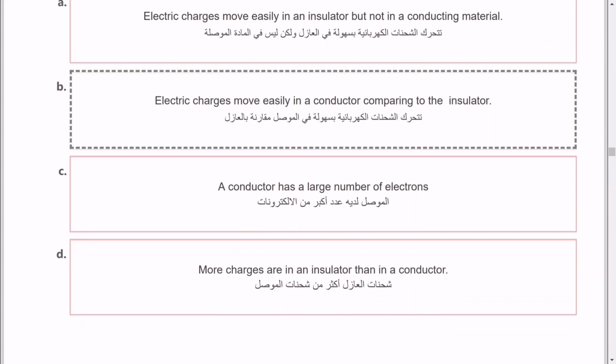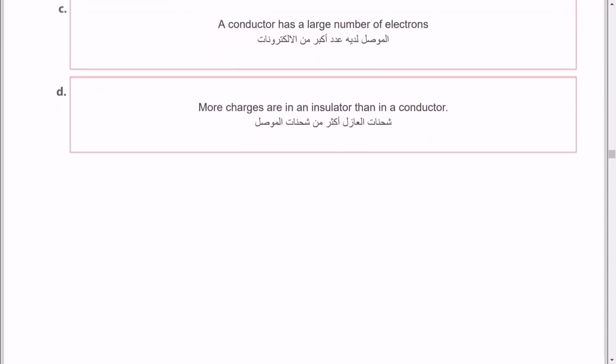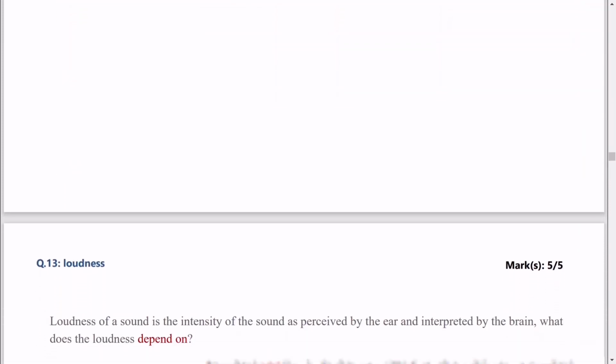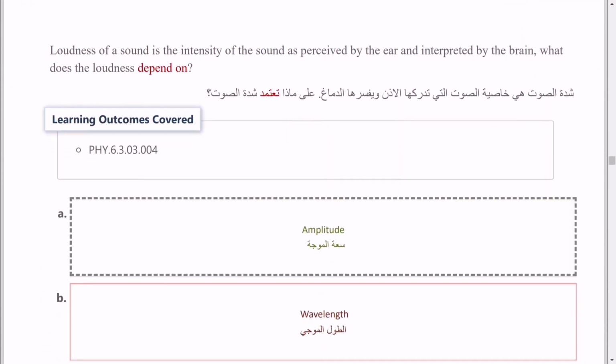So electric charges can move easily in a conductor compared to insulator. So what is electric charge? Electric charge is electron, right? Electron in the conductor. So in conductors, these electrons are free to move, so they can move easily. But in insulator, the free electrons, that is the electric charges, it's not easy for them to move.